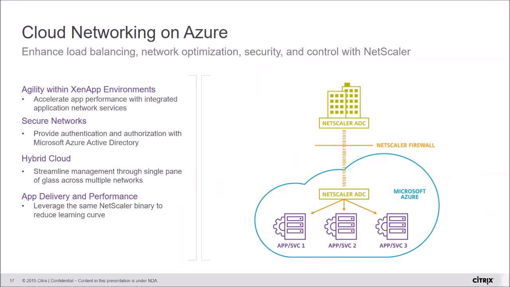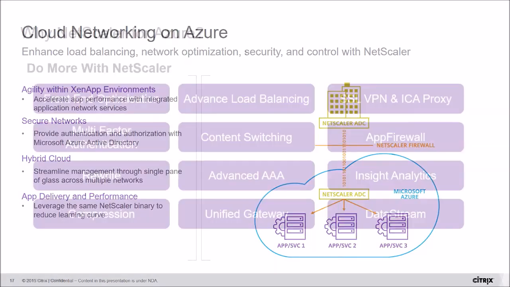So we're finding that it's an easy transition for customers today who are already using NetScalers on-premise, whether it be for load balancing capabilities or for secure remote access or a range of features and functions. They're able to easily transfer those configurations from their traditional deployments in their on-premise environments and transition those across to Azure and run those up in Azure.